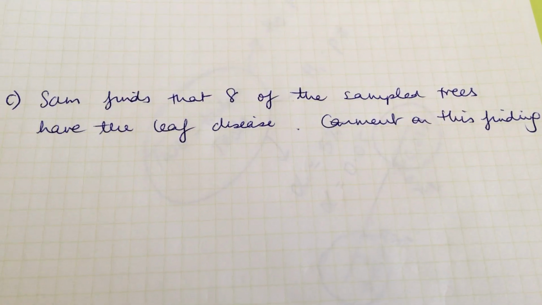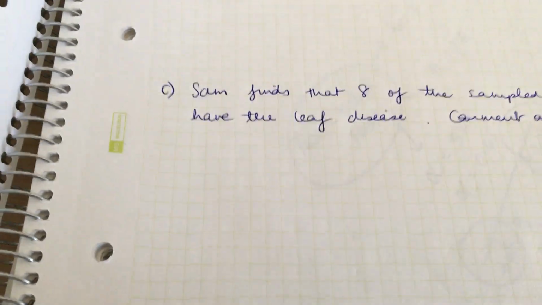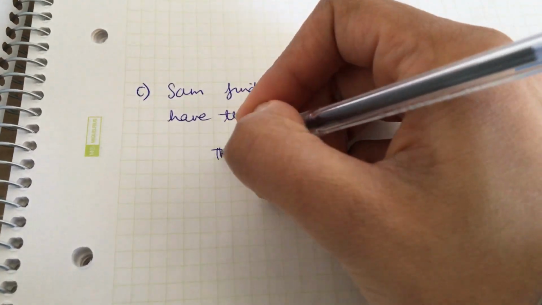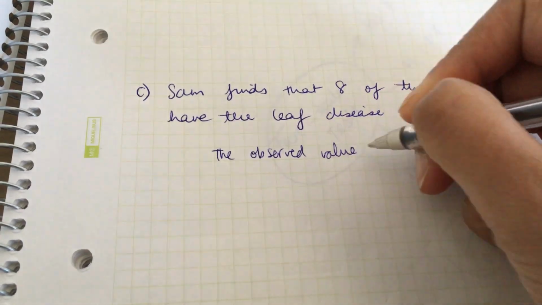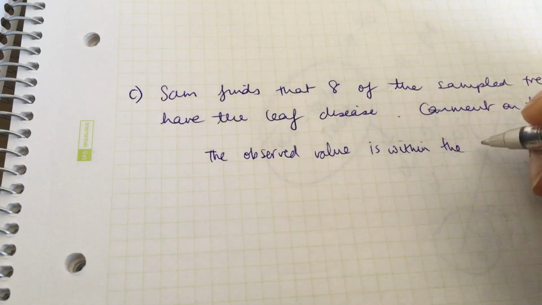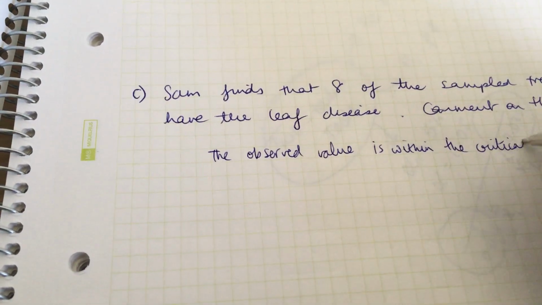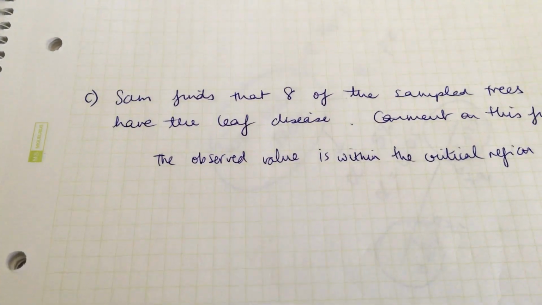So the fact that Sam has found that 8 of the sample trees have the disease, we can say the observed value is within the critical region. And that's sort of the first thing you would have to say.